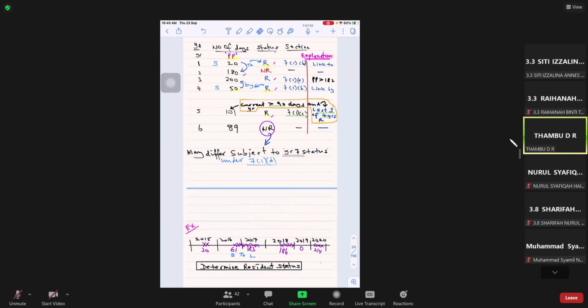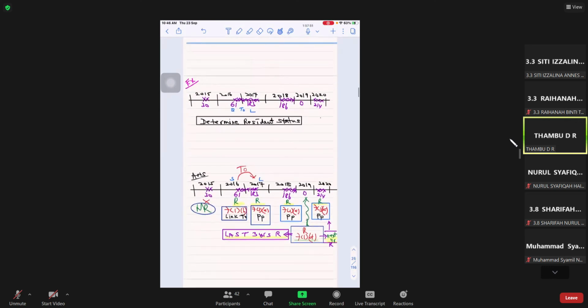If you get B, forget the rest. If you get C, no need to check D. Whichever earlier section. If you get A as resident, stop. No need to check anything else. Do not put two sections. Select one. That's it. And you always select the earlier one.